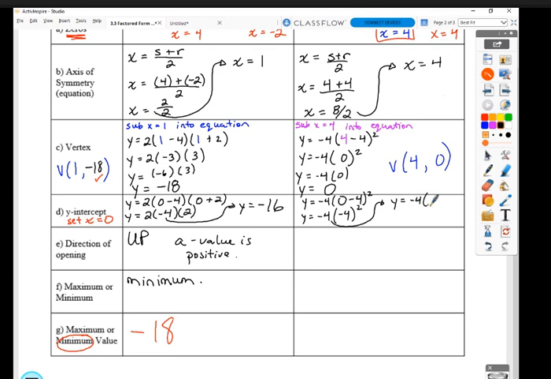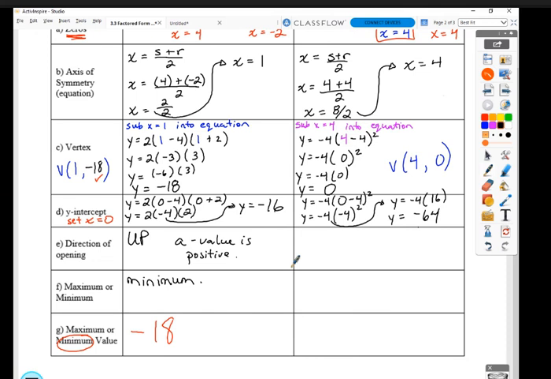Negative 4 times positive 16. Negative 4 squared is positive 16. And we should get something like negative 64. Let's go look at our graph on Desmos, just to confirm, just so we can go to bed at night knowing that. Okay. Isn't that nice? You're like, oh, okay, good.